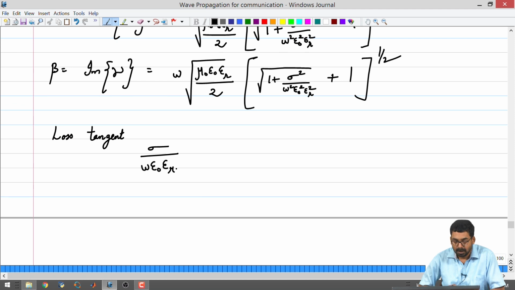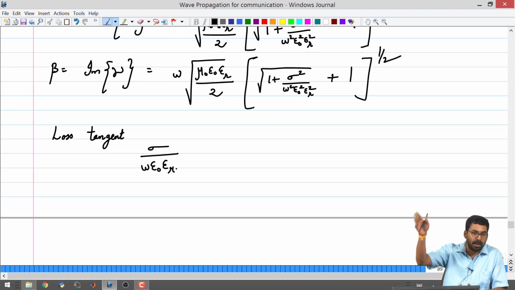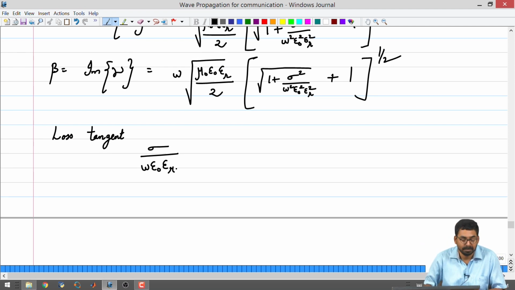If you were to consider this with sigma represented on one axis, and j omega epsilon naught epsilon r on another axis, you could mark an angle between the real axis and whatever the value of sigma divided by omega epsilon naught epsilon r is with respect to the origin, and it will resemble a triangle and you are taking the tan of that angle. So, people call this the loss tangent, all right.